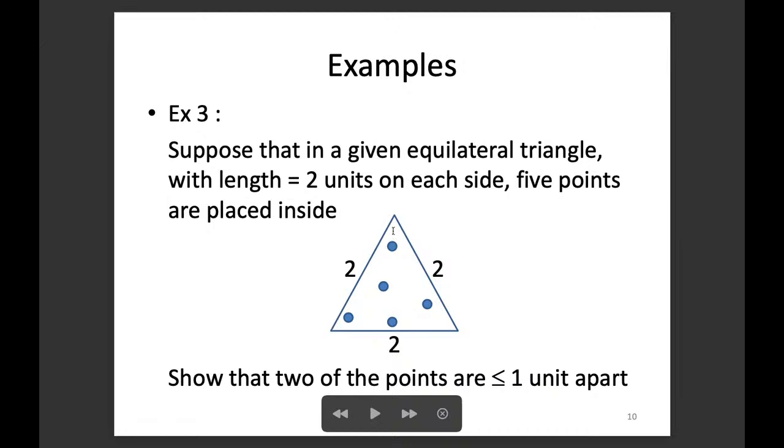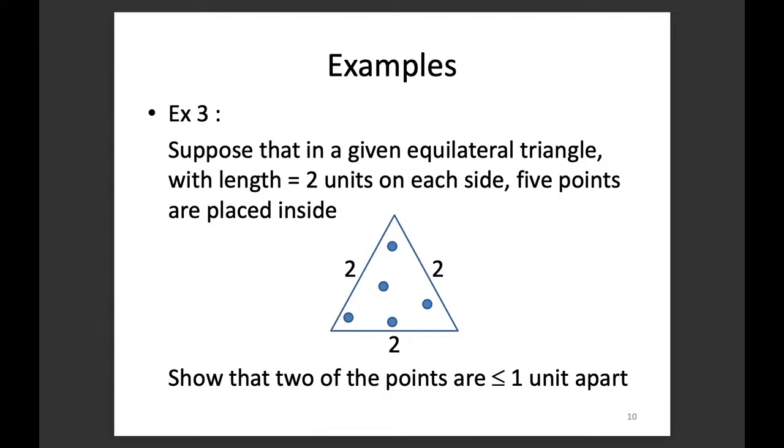So in that case, 4 points do not guarantee that the closest pair will have distance at most 1. But on the other hand, if we put any 5 points inside, then the closest pair must have distance at most 1 apart.